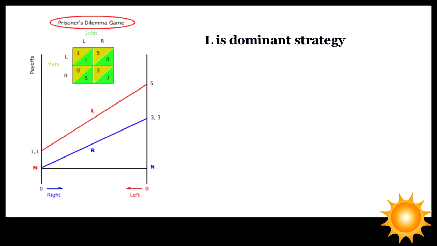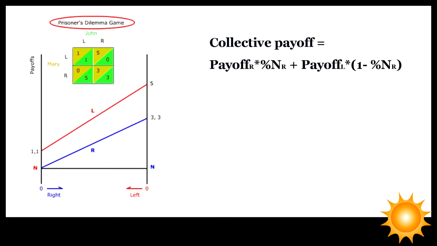It is also very easy to plot the collective payoff curve over the distribution of n people over choice L and choice R. The collective payoff is simply the payoff for L weighted by the percentage of people choosing L, plus the payoff for R weighted by the percentage of people choosing R.